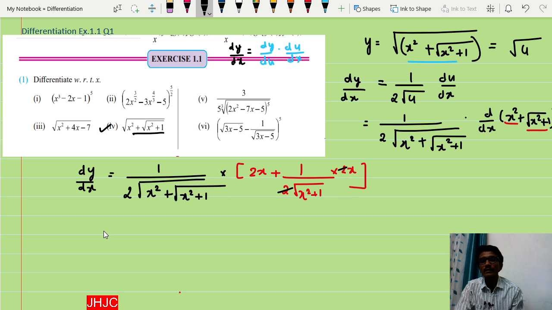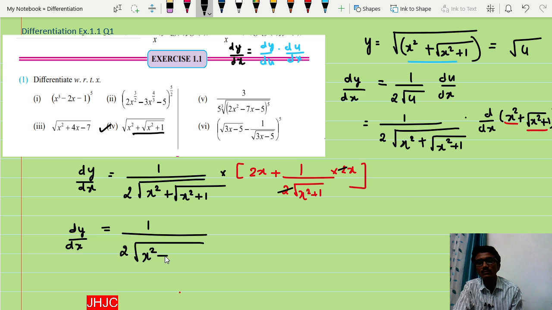Here we get dy by dx is equal to 1 upon 2 root of x square plus root of x square plus 1, into, here the LCM of the denominator is root of x square plus 1.